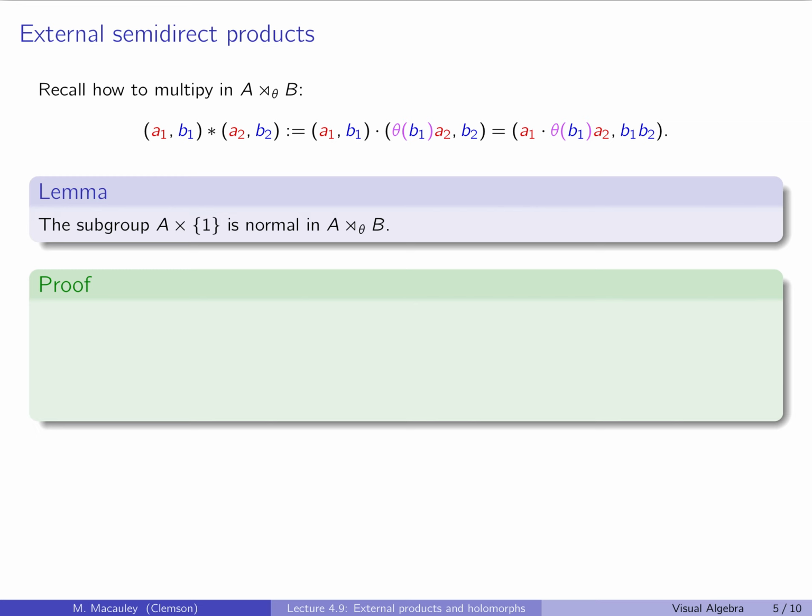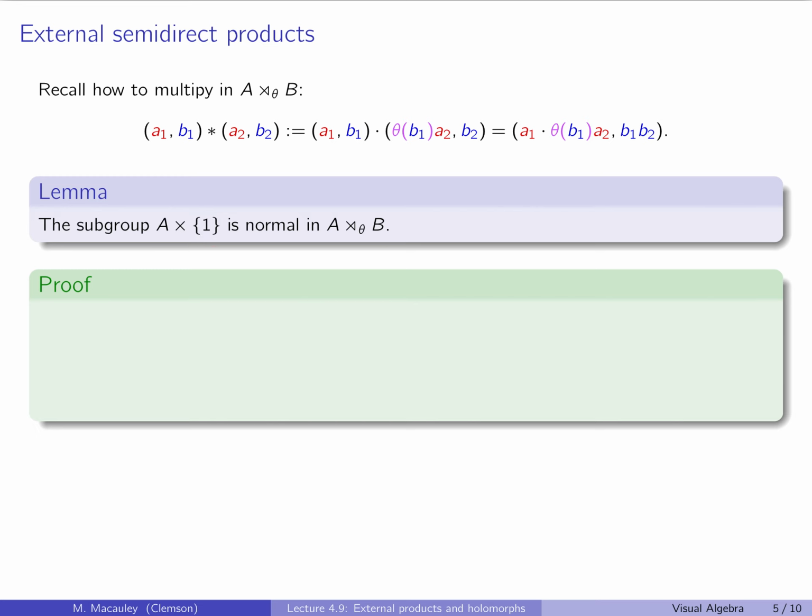Let's now prove something which we expect, is that the subgroup A cross the identity is normal in a semidirect product with B. And I have the definition of multiplication here as a reminder, because it'll be useful to look at. So for this, how do we do this? We take an arbitrary element in here, and let's conjugate it by an element in here.